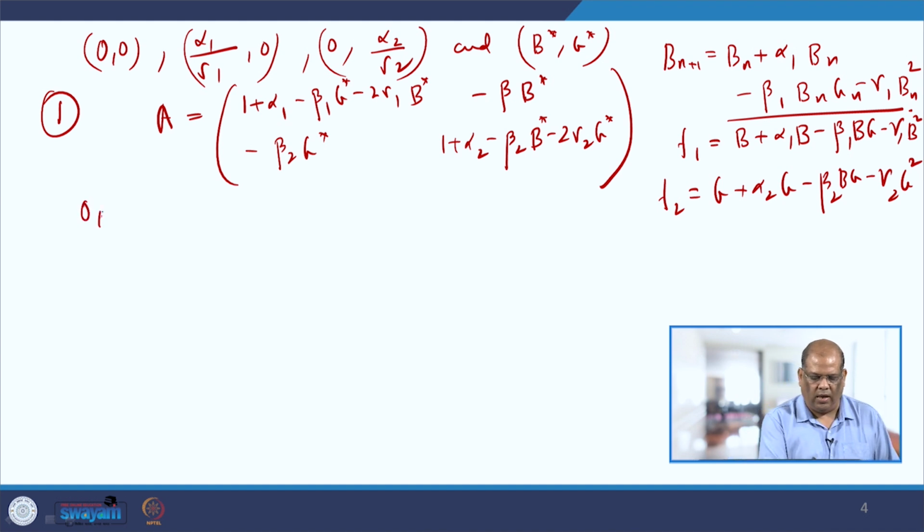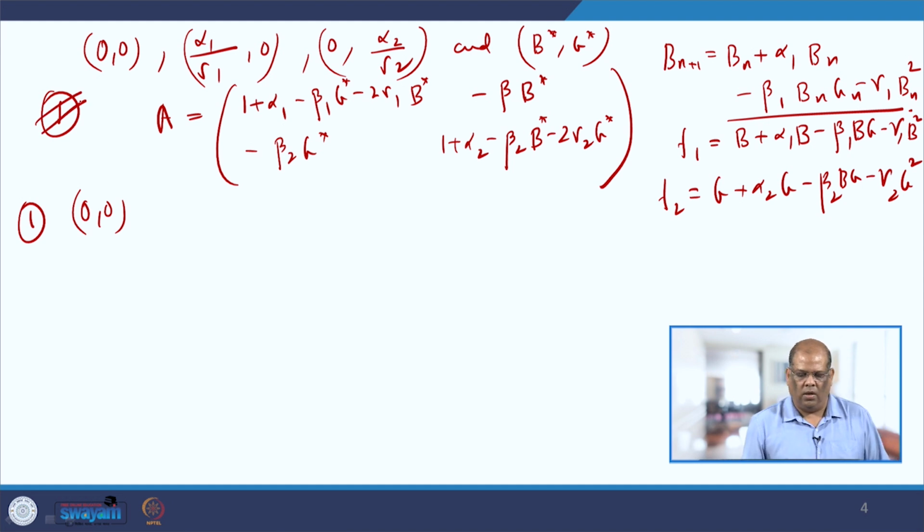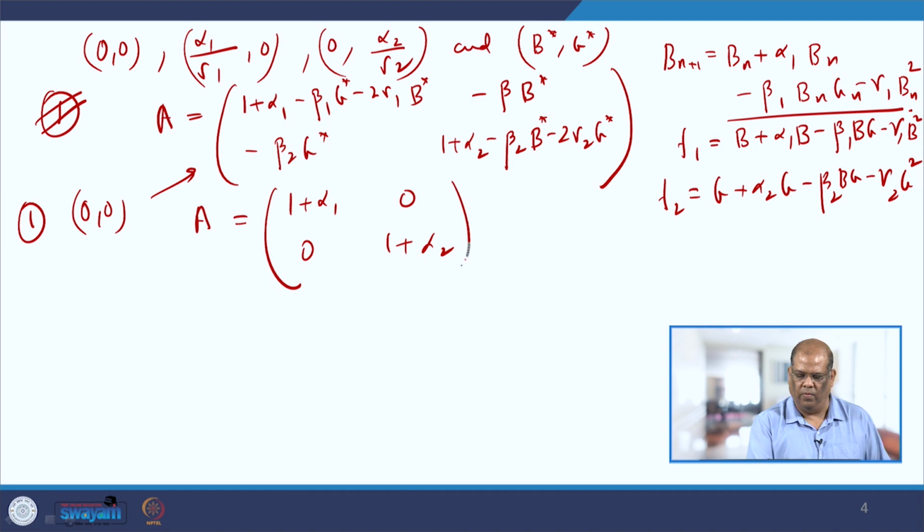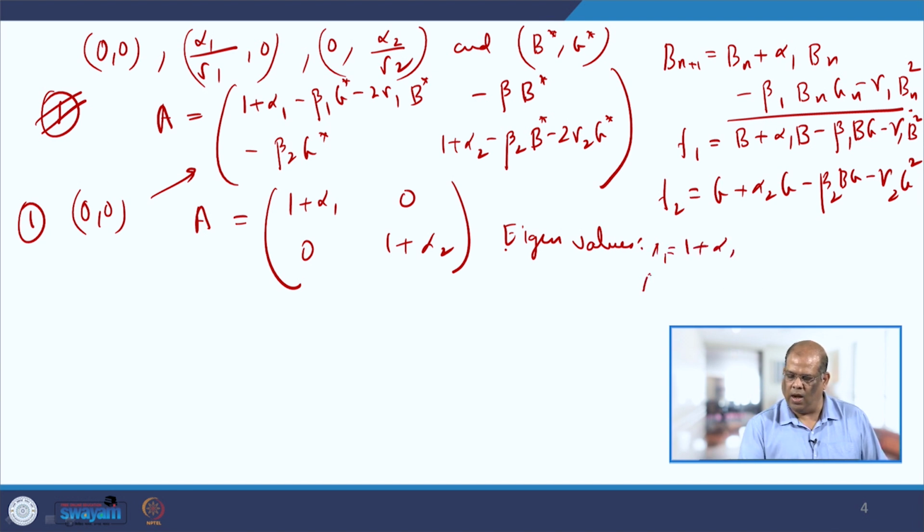Now, let us take 0, 0. So, you substitute this 0, 0 here and your coefficient matrix becomes 1 plus alpha 1, 0, 0, 1 plus alpha 2. And clearly the eigenvalues are lambda 1 is 1 plus alpha 1 and lambda 2 is 1 plus alpha 2.